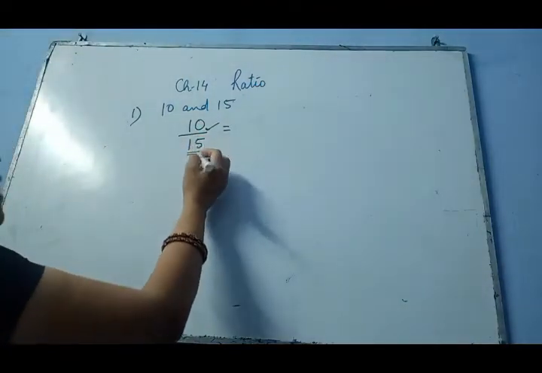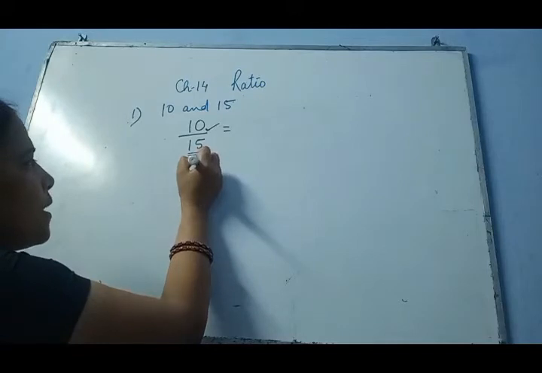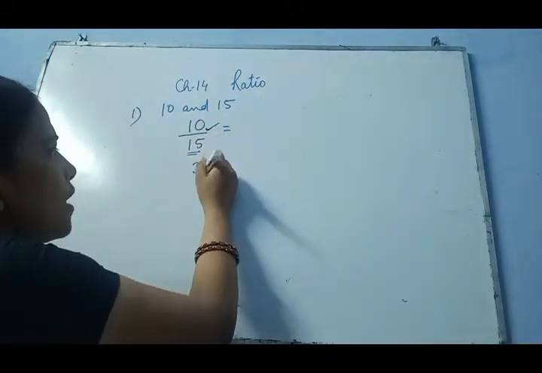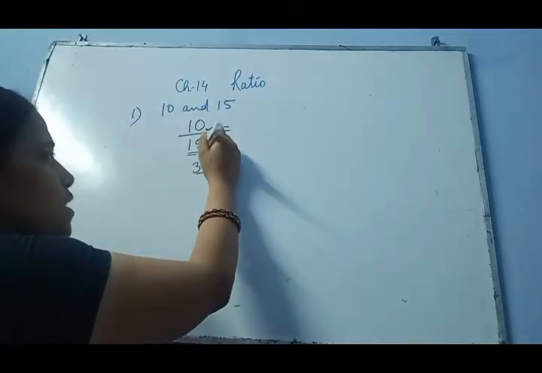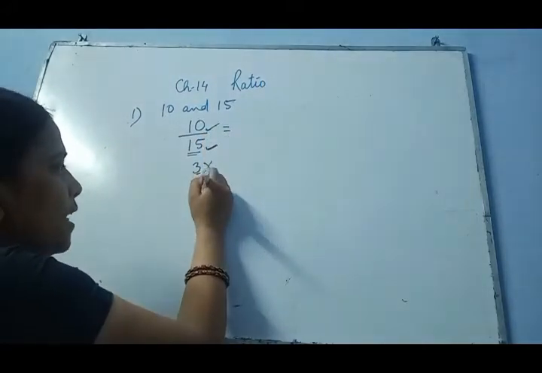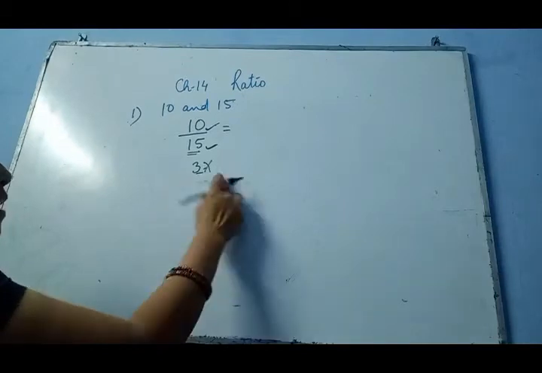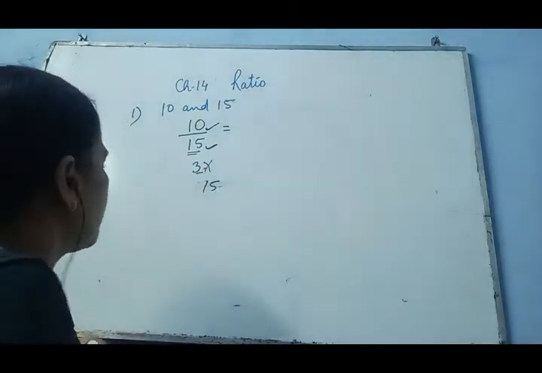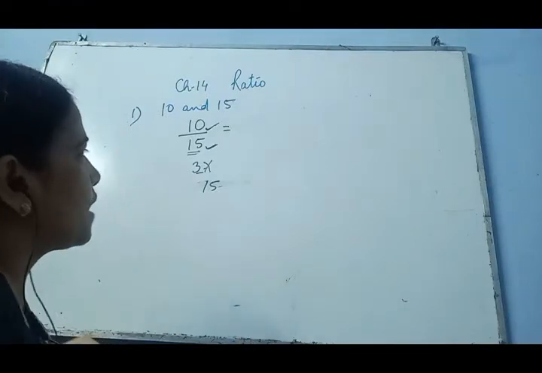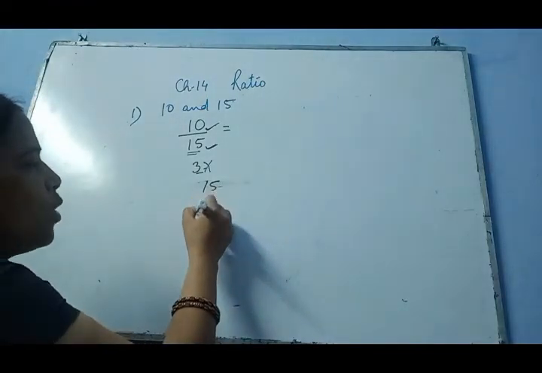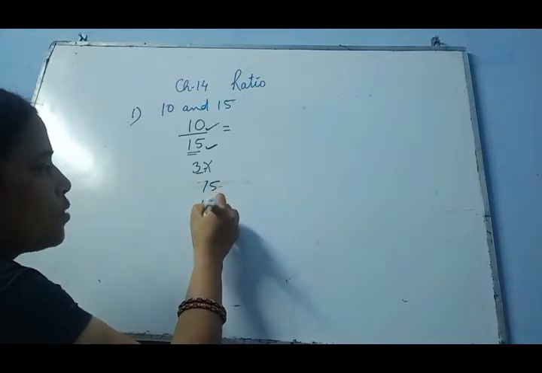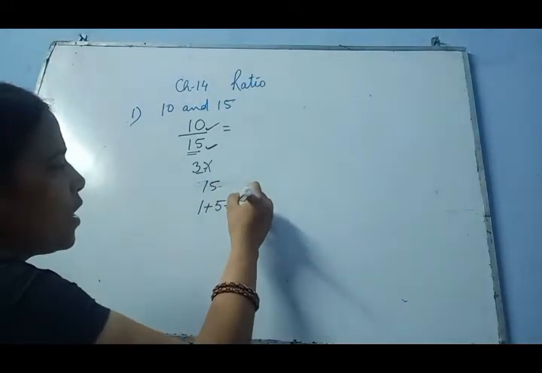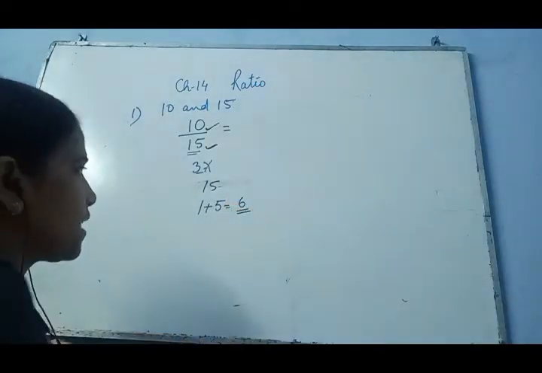Now we will check it by 3. What do we see? That 10 is not divisible by 3, but 15 is divisible by 3. How can we say that 15 is divisible by 3? We add the digits, 1 plus 5, and we get 6.